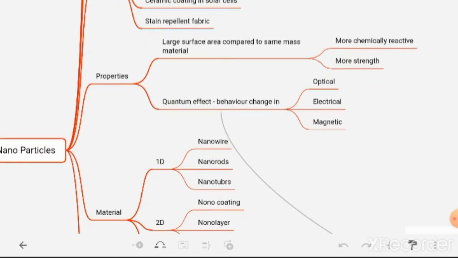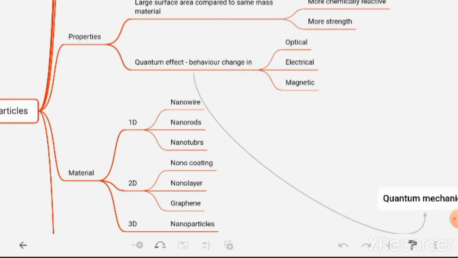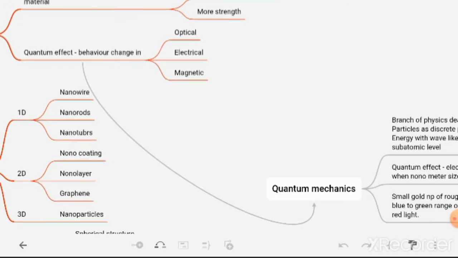Okay, and because of the size of the nanoparticles, they show quantum effects, which means a big molecule will not be as optically, electrically, or magnetically effective as a nanoparticle.